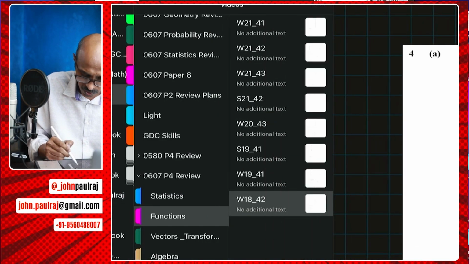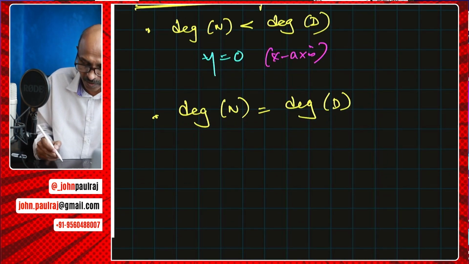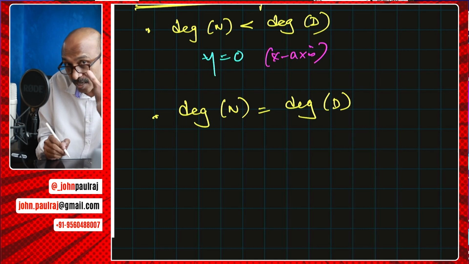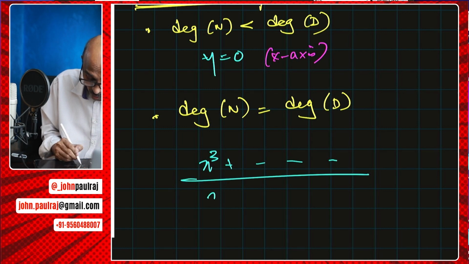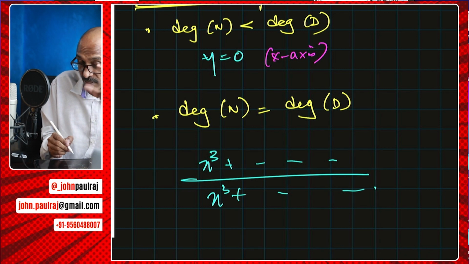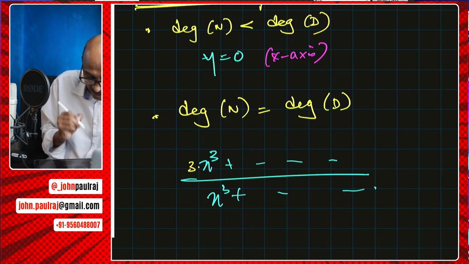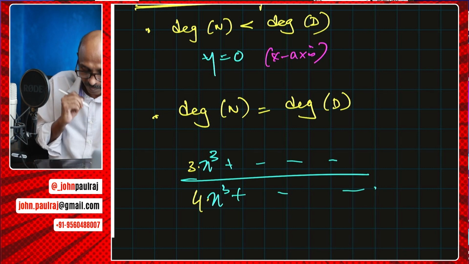But let me just go through the rules. When you have the degree of the numerator equal to the degree of the denominator, what does that mean? Degree is the highest power of x. It doesn't matter what the other terms are. Let's say you have something like x cubed and so on in the numerator, and the denominator also has an x cubed and so on. The coefficient is what is important. Let's say the coefficient of the leading term in the numerator was 3 and the coefficient here was, let's say, 4.